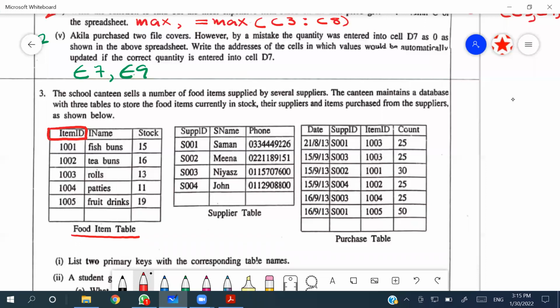And if you think about the supplier table as well, then again you can easily recognize the supplier ID is unique, so that can be taken as the primary key of that table.